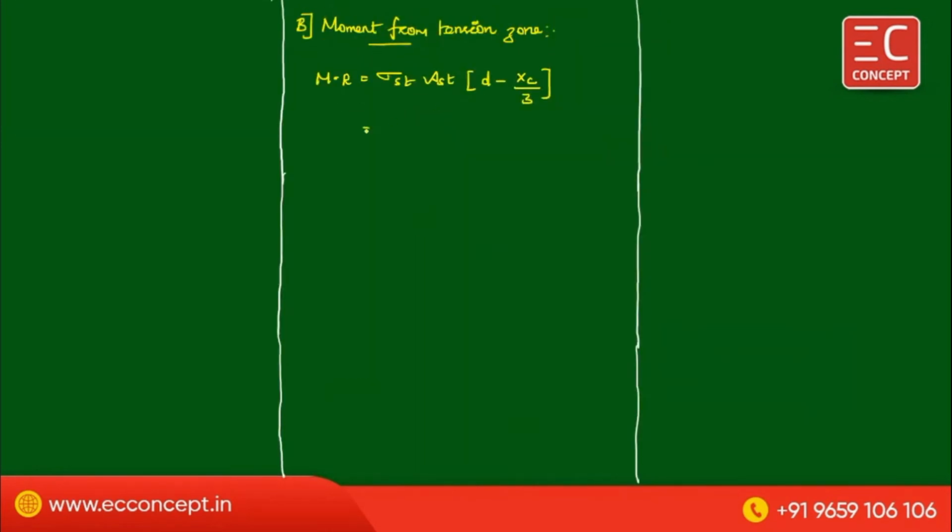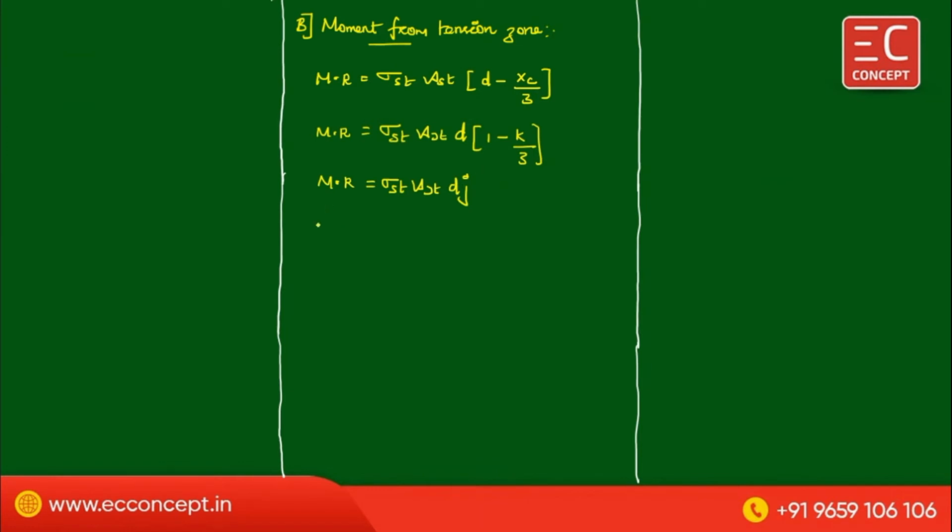So sigma ST AST into D common 1 minus K divided by 3. Since we know that XC is equal to K into D, the moment of resistance is equal to sigma ST AST D into J.